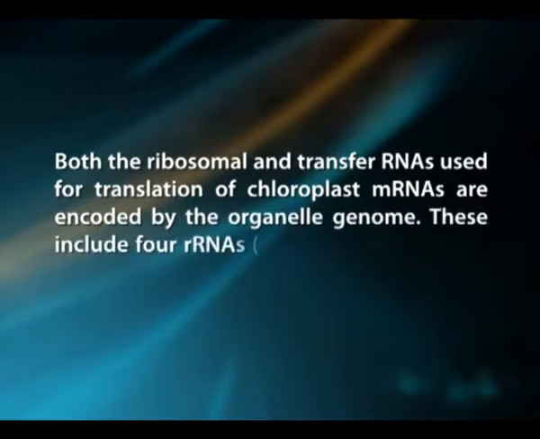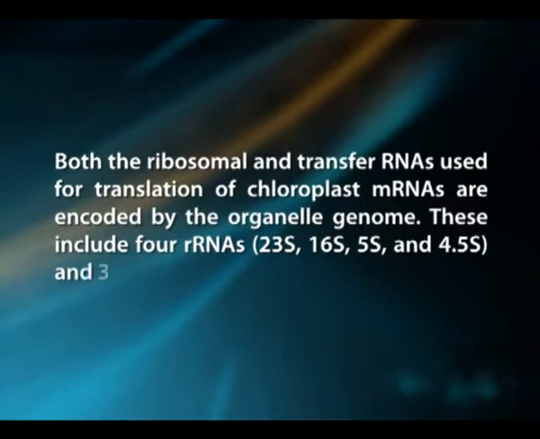These include 4 rRNAs, which are 23S, 16S, 5S and 4.5S, and 30 tRNA species. In contrast to the smaller number of tRNAs encoded by the mitochondrial genome, the chloroplast tRNAs are sufficient to translate all the mRNA codons according to the universal genetic code.